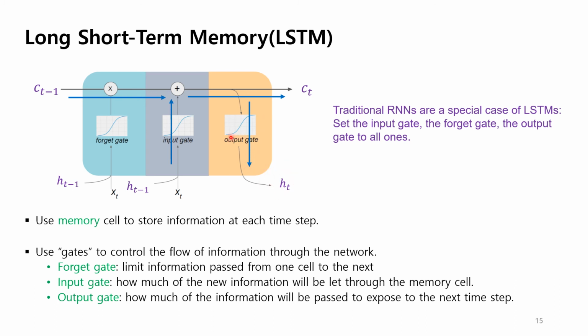The same thing: if the output gate is 0, this becomes 0. If the output gate is 1, this information in its entirety is passed through here. So those are the three gates, which determine how much information goes through in each pass here. In the next slide, I'm going to give a more detailed explanation of these gates.